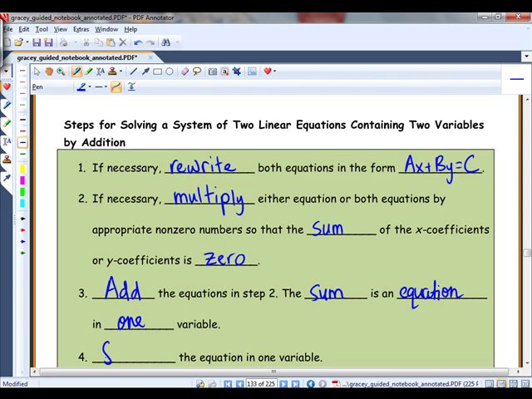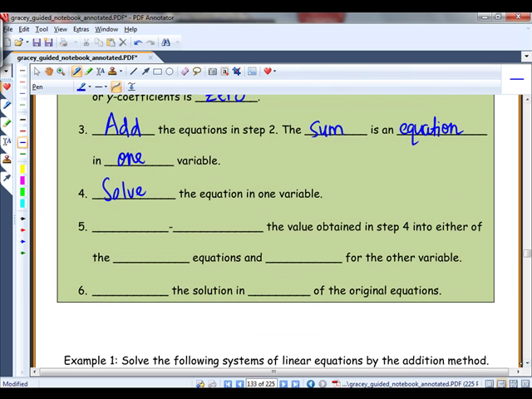And then solve the equation in one variable. Back substitute the value obtained in step 4 into either of the original equations and solve for the other variable. And then of course you should check the solution in both of the original equations.